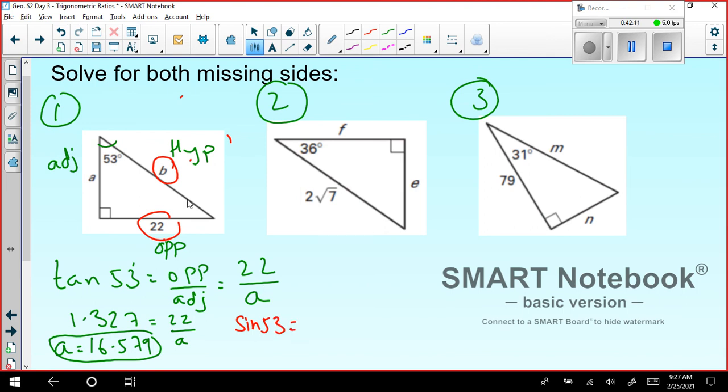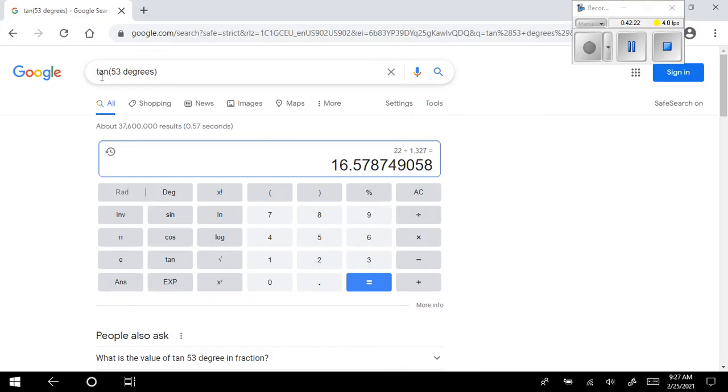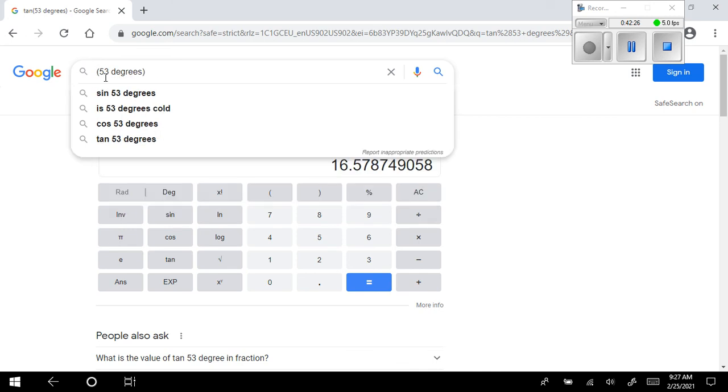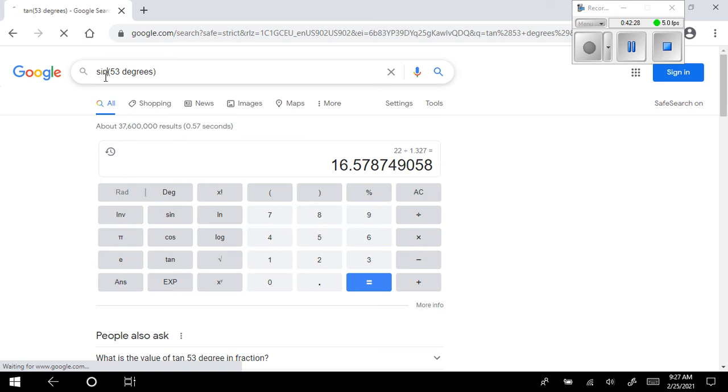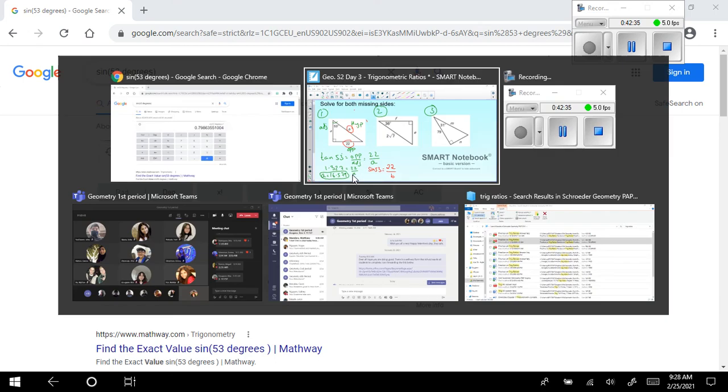So use sine of 53 equals opposite over hypotenuse. Opposite side was 22 and hypotenuse was B. Once again, use your calculator to find sine 53 degrees. That is 0.799.